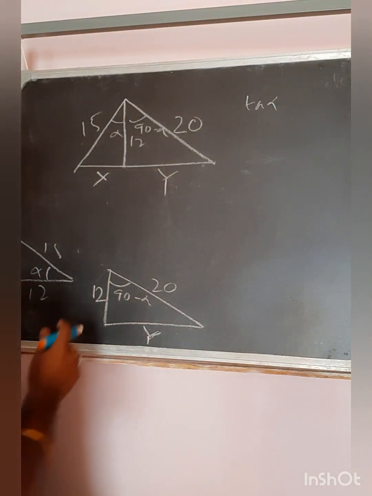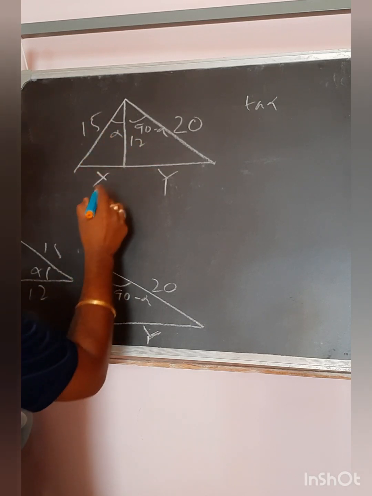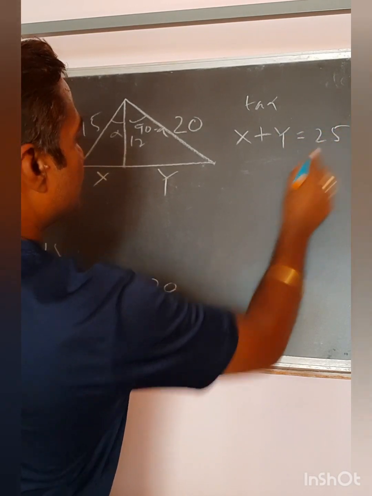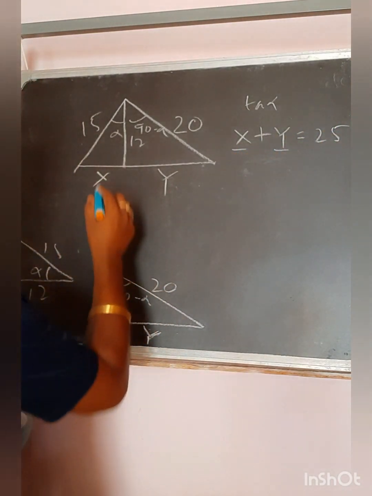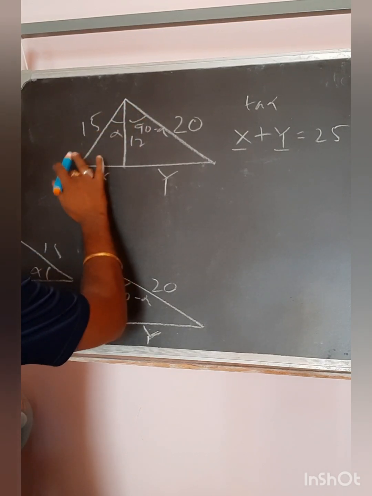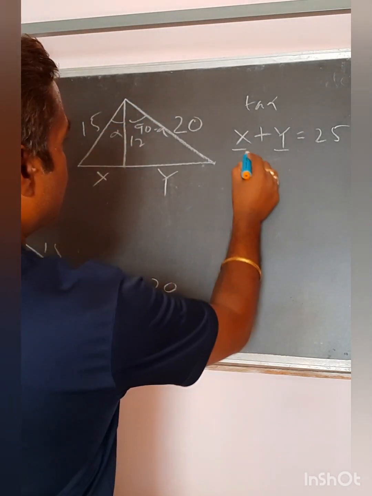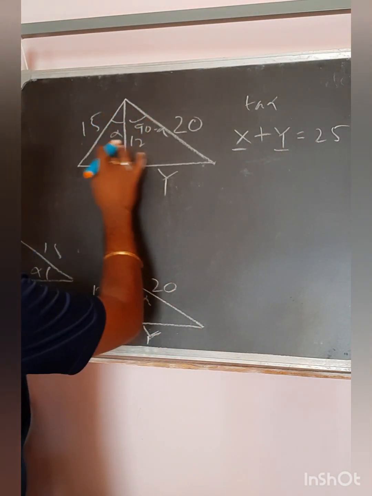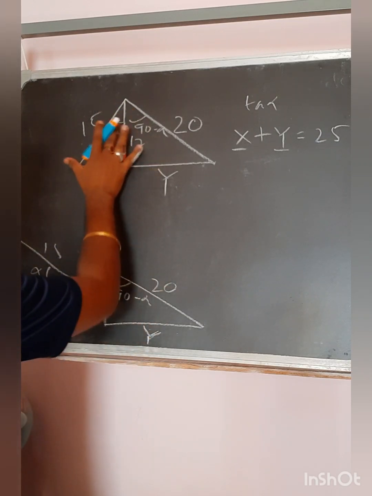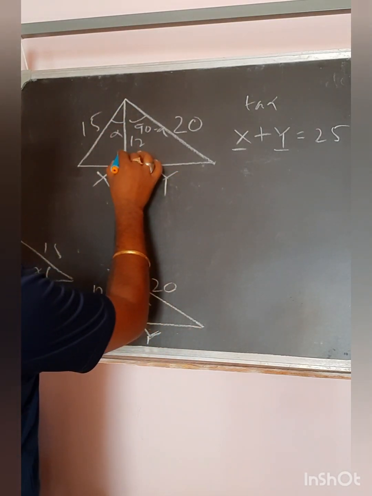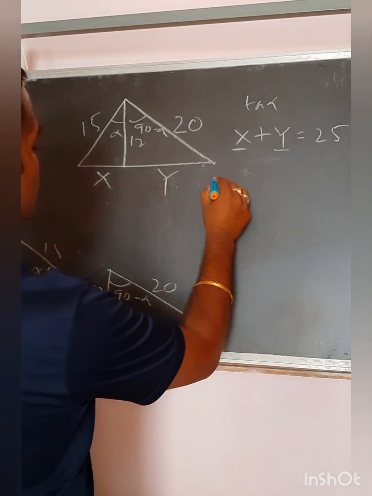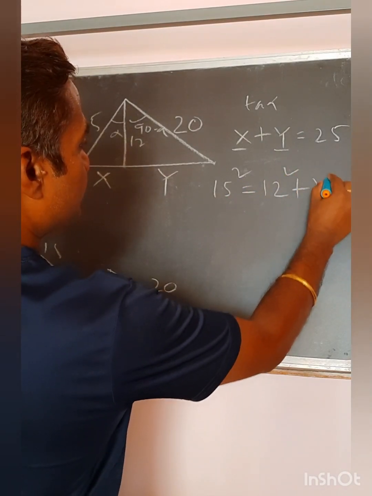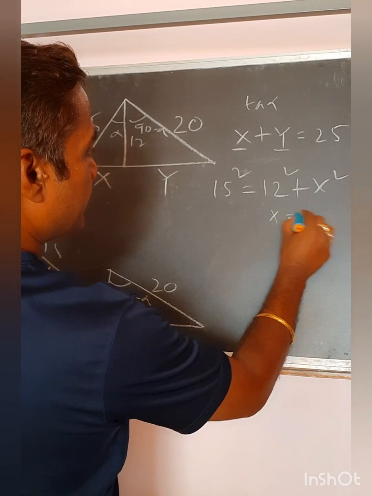Now my task is to find tan of alpha. From the equation, I already know x plus y is 25. Now what could x and y be? If I see this triangle and divide x and y in such a way that they relate to each other, assume this is a 90 degree angle, then 15 square equals 12 square plus x square, where x should be 9.